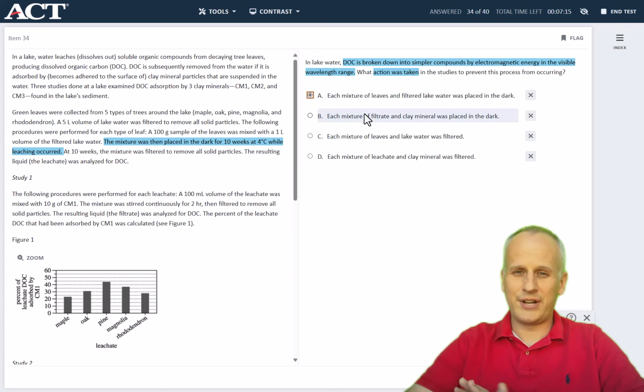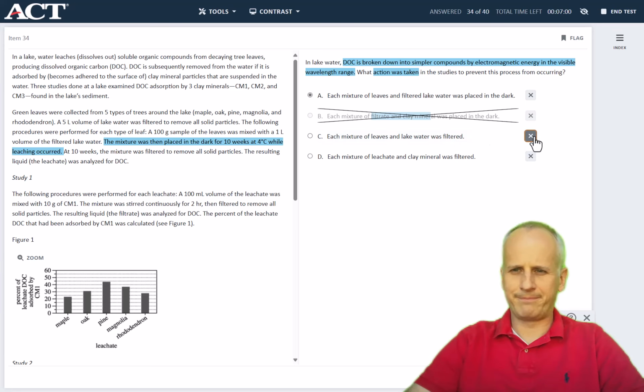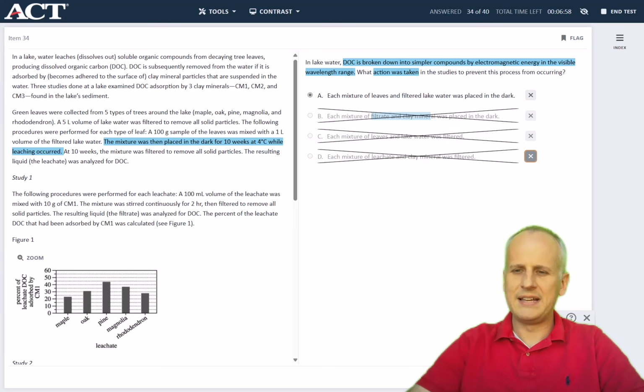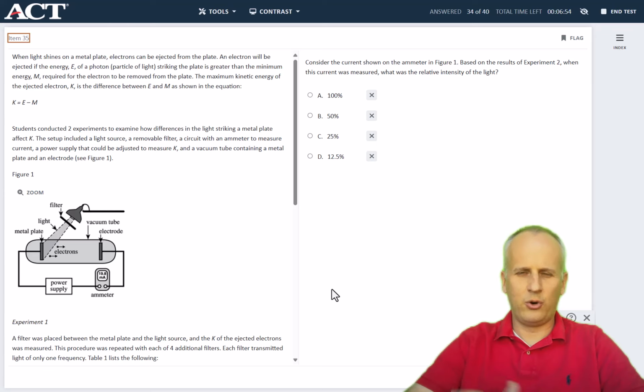You might check this if you're not certain of the relationship here, but it's not the mixed rate of the filtrate and the clay mineral. It's the mixture of the filtered lake water. So that's going to be eliminated there. And it's not about the filtering. So our correct answer is A, again, with just a little bit of synthesis of knowledge with kind of overall science information that you hopefully have learned in high school.